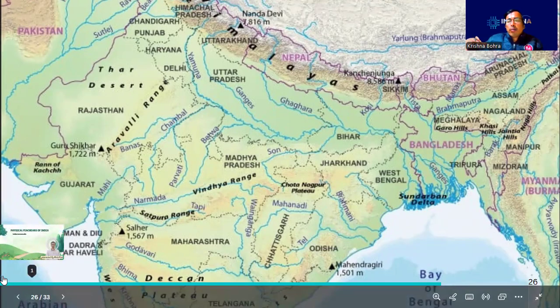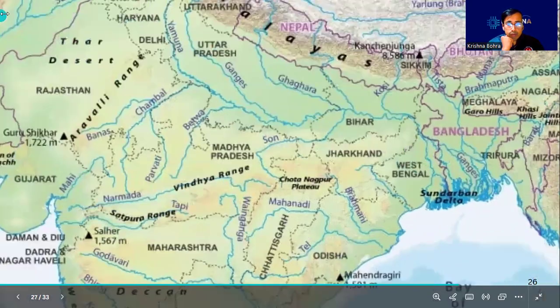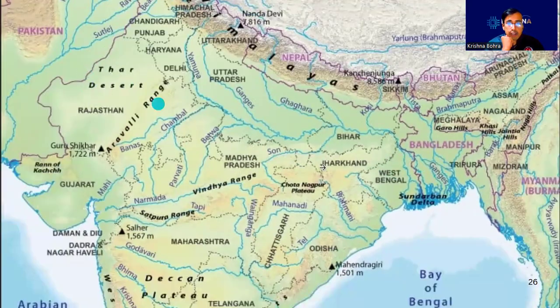So wind picks up some of the sand from one particular area and deposits it in some other area, also forming a kind of semi-arc type structure. Arc type structures are called dunes or barchans. So this is the Thar Desert of India, west of the Aravalli Range.